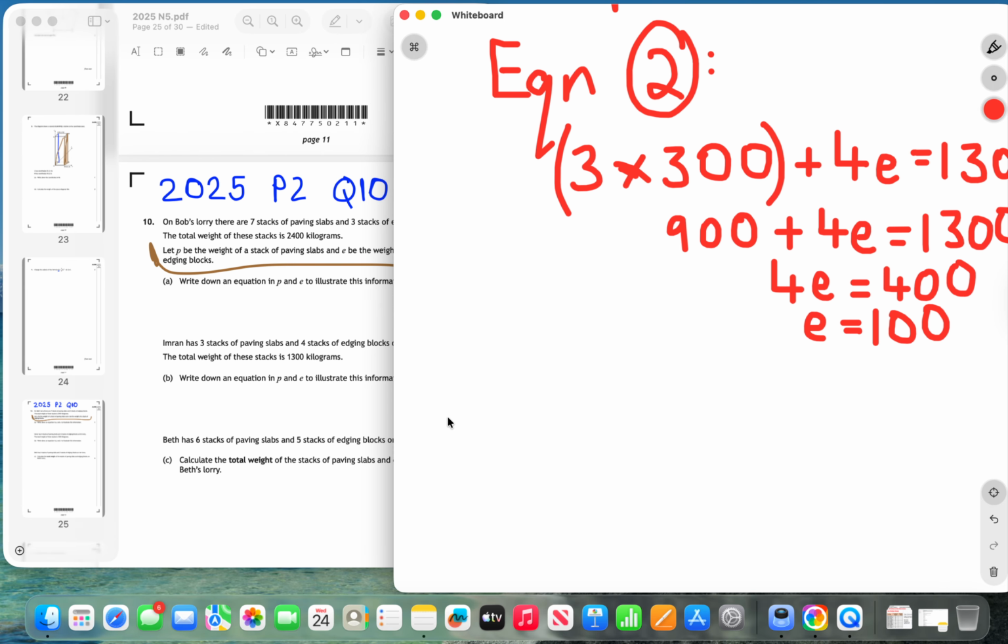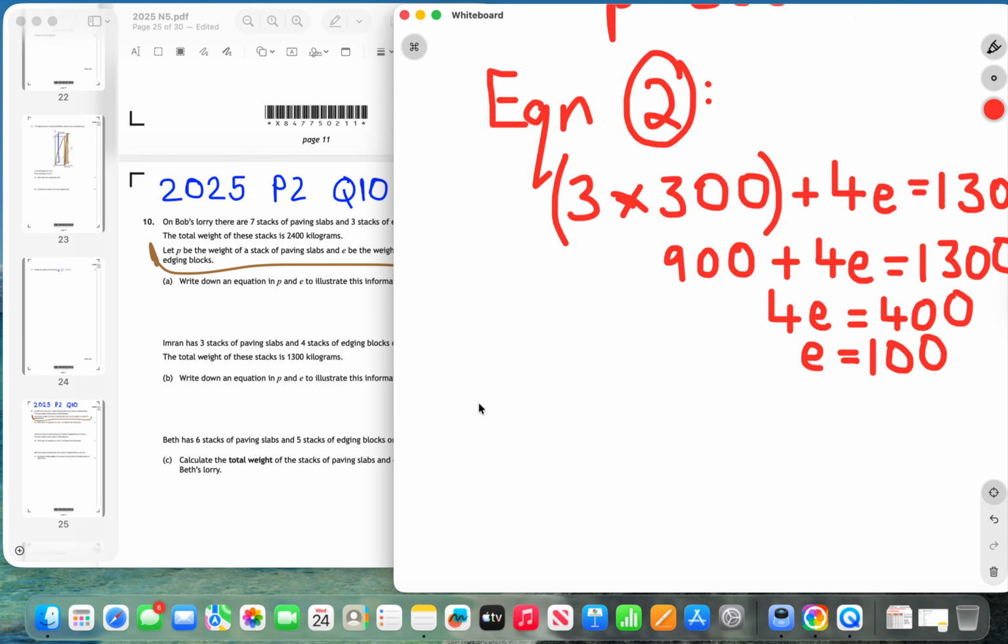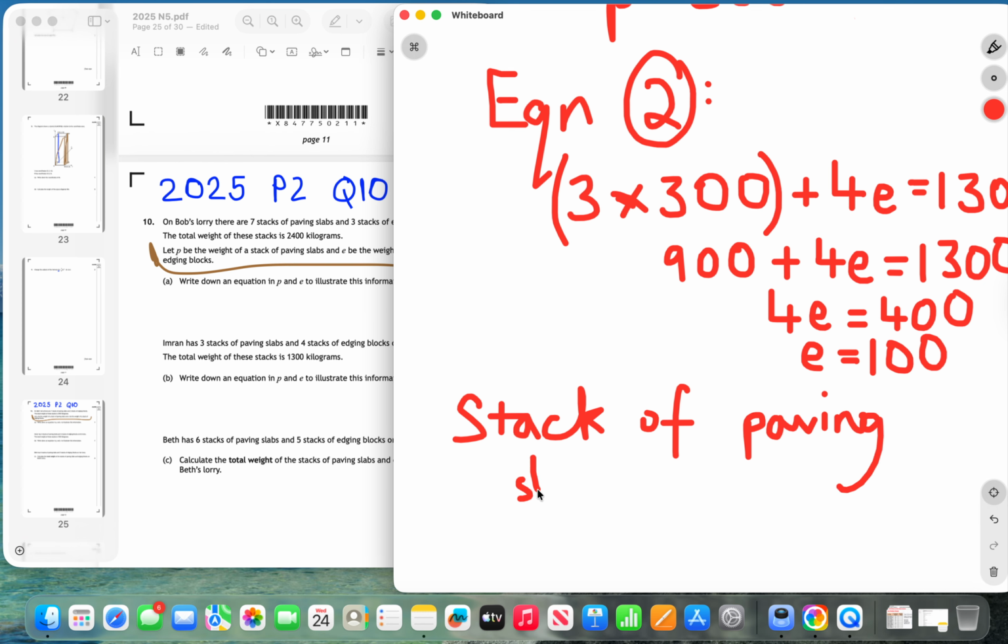P is the weight of a stack of paving slabs, we'll say stack of paving slabs, would be 300 kilograms.